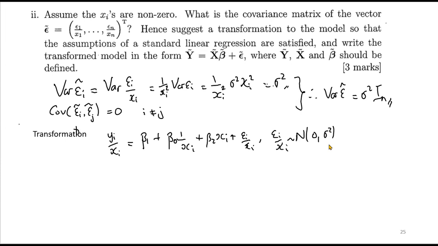Right, now we have constant variance, you see. So the standard linear regression assumptions are now satisfied. Okay, and then finally write the transformed model in matrix form.